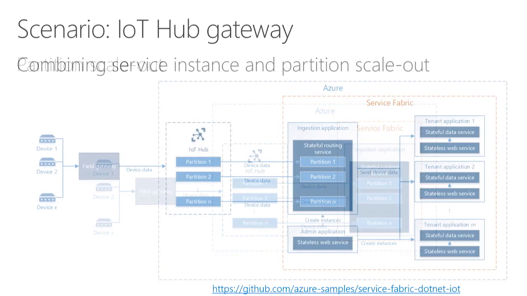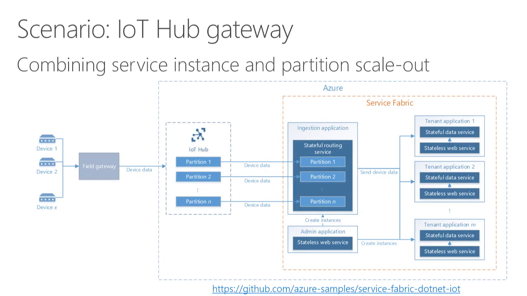So if we expand this architecture a little bit more, we can see the stateful service just doing routing of those requests as they're coming in and then sending them off to other service instances to do the actual processing. This allows me to scale out those upstream services by adding more services over time to do that processing. So now I can scale pretty much as far as I want, because there really is no limit to the number of services that I can create. That's how it all comes together in this reference architecture.